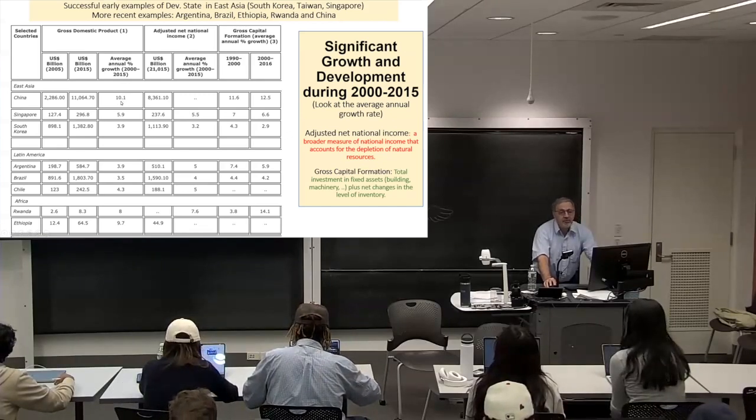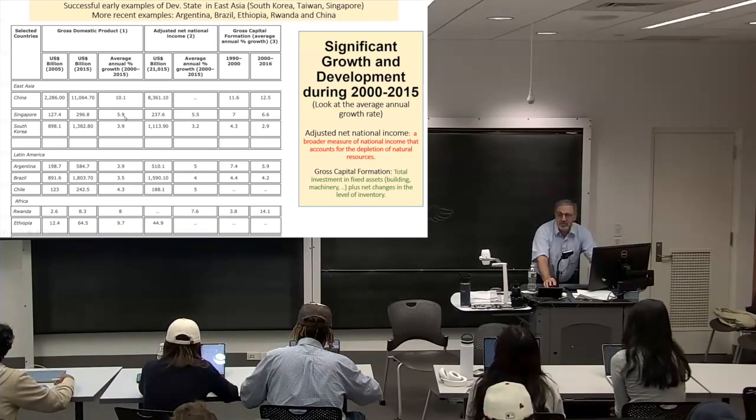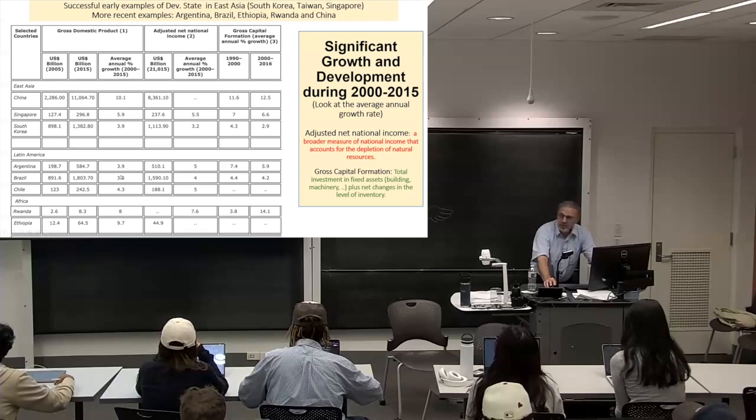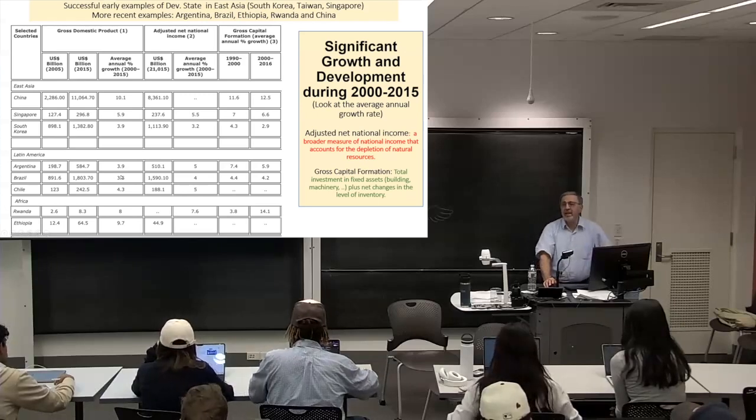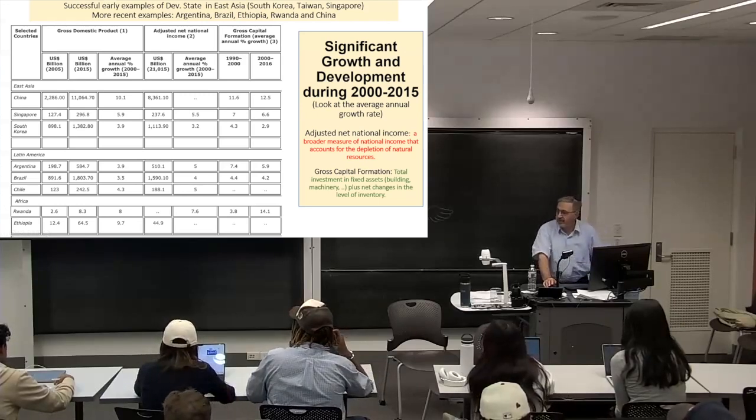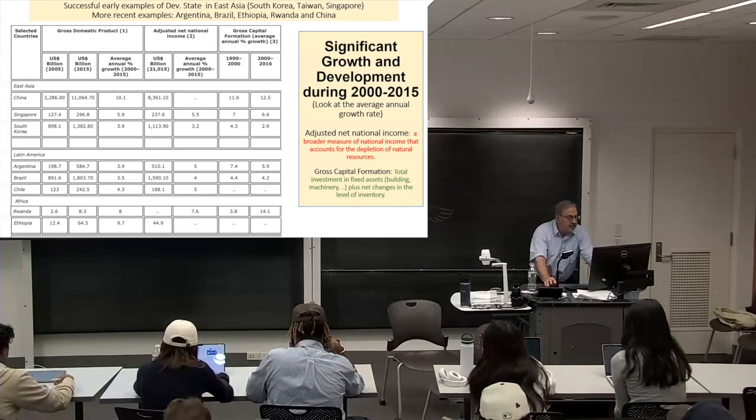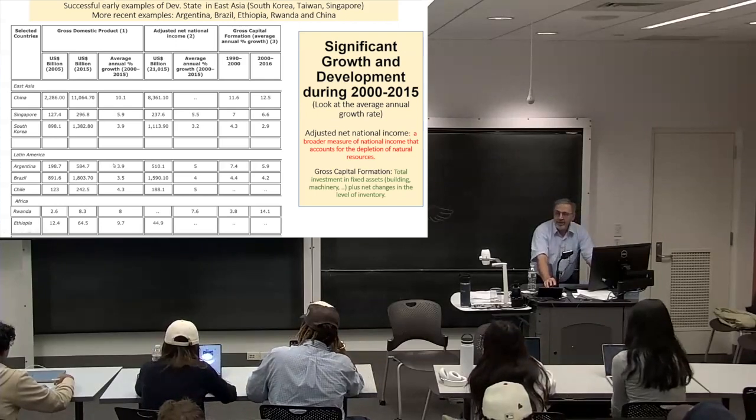This is very exceptional for that period of time. Other countries, Singapore, for a 15-year period, growing at nearly 6% per year, that's quite significant. And you can see examples in Latin America. Again, these are not as remarkable as the Asian experience, but still, for 10, 15 years, growing at 3.5, 3.94% is a good achievement.